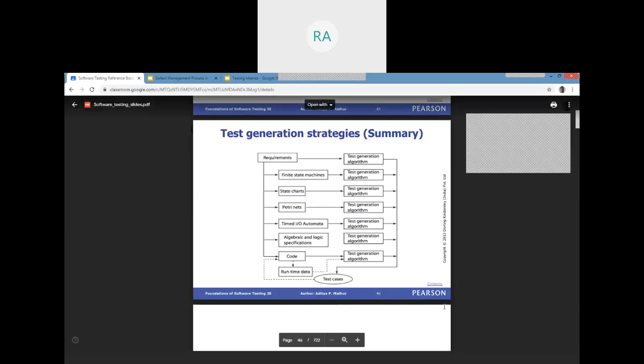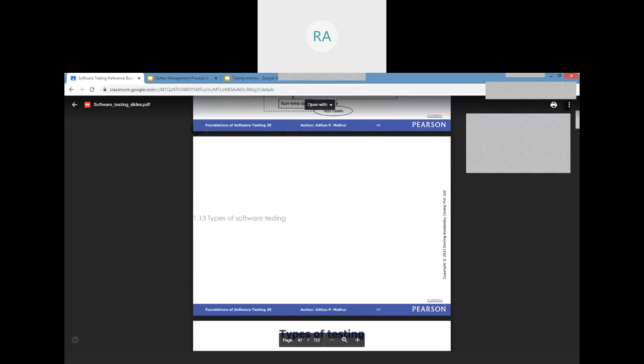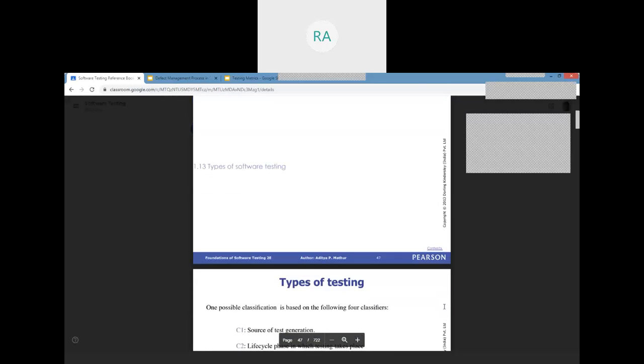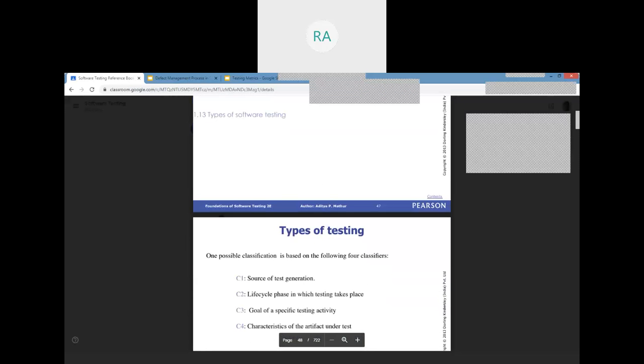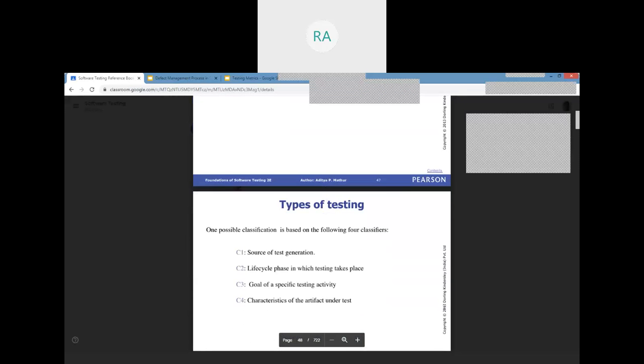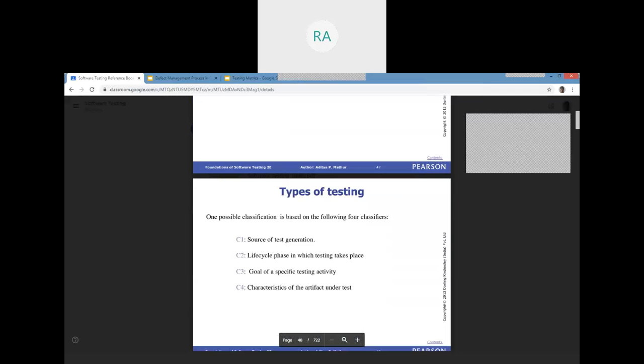After that, we looked into the types of software testing. They have come up with four types of classification. Category number one is based on the source of test generation: what is going to be the source for generating the test cases?